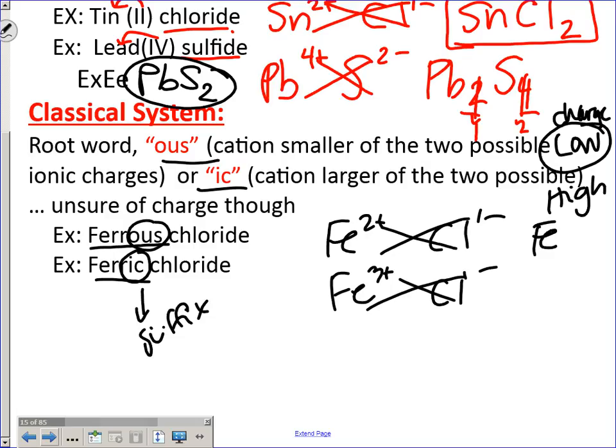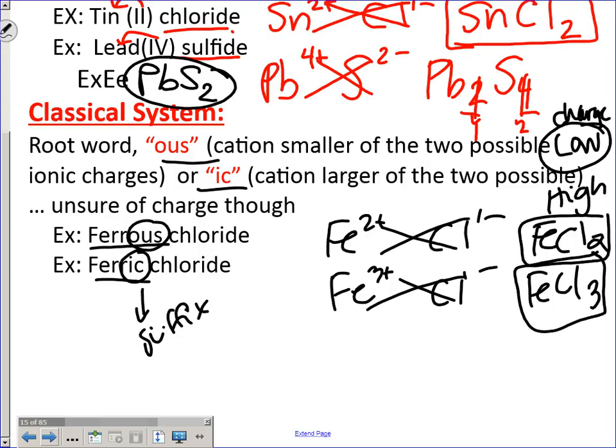Iron, chlorine, 2, and then iron, chlorine, and 3. So when you see these formulas, you name them. You can either say iron 2 chloride or ferrous chloride, or iron 3 chloride or ferric chloride.